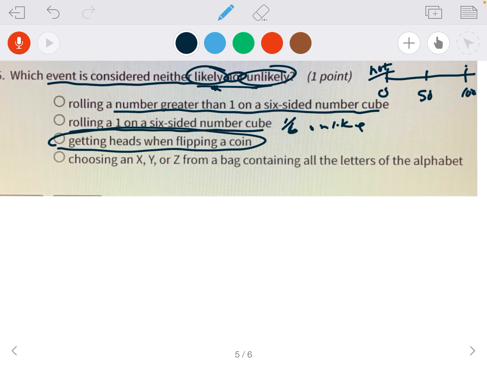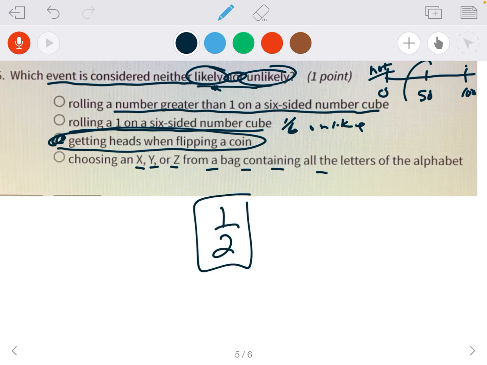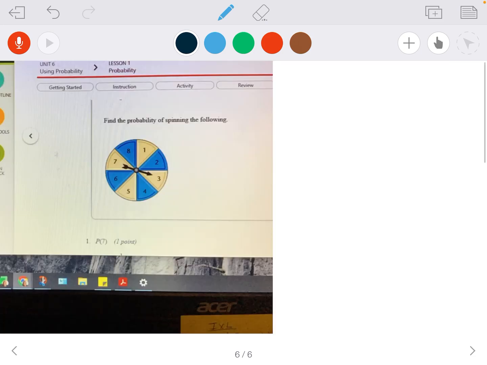Getting heads when flipping a coin? Well, that might be it. Choosing XYZ from a bag containing, well, that's close to unlikely. So remember, flipping a coin is 1/2. So that is neither, that's 50/50. It is neither unlikely nor likely because it's halfway at the point.